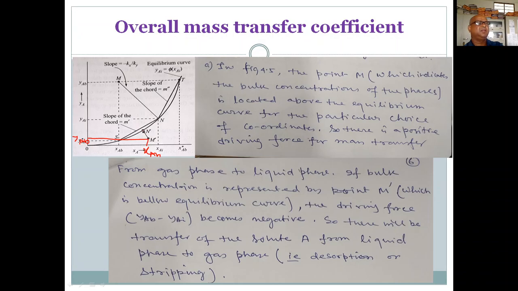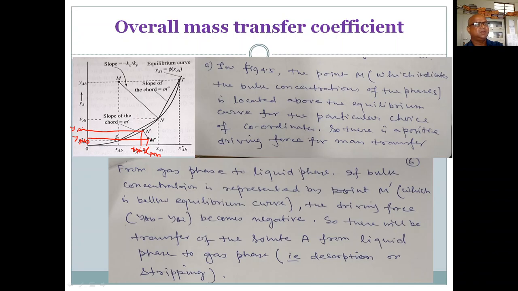This will be your YAI, and this will be your XAI. In the earlier case, the gas phase concentration was high and the liquid phase concentration low, so there is absorption, and mass transfer happens from the gas phase to the liquid phase.